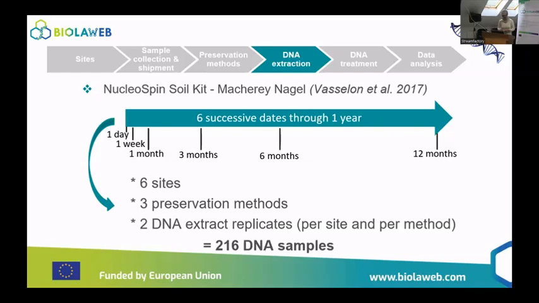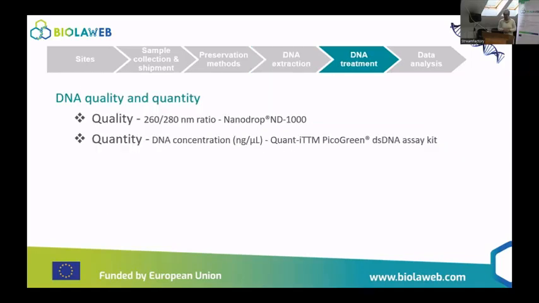So in total, we had 216 DNA samples. We wanted to compare them for the quality of the DNA, so that's the famous ratio that Clarisse showed you today, and also for the quantity. So we measured the DNA concentration.